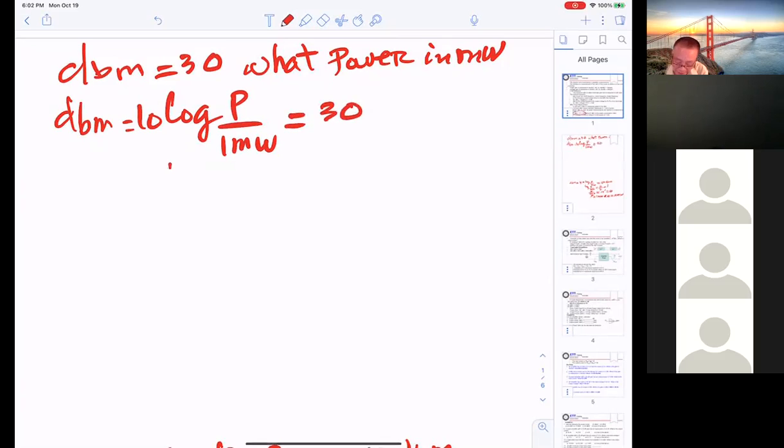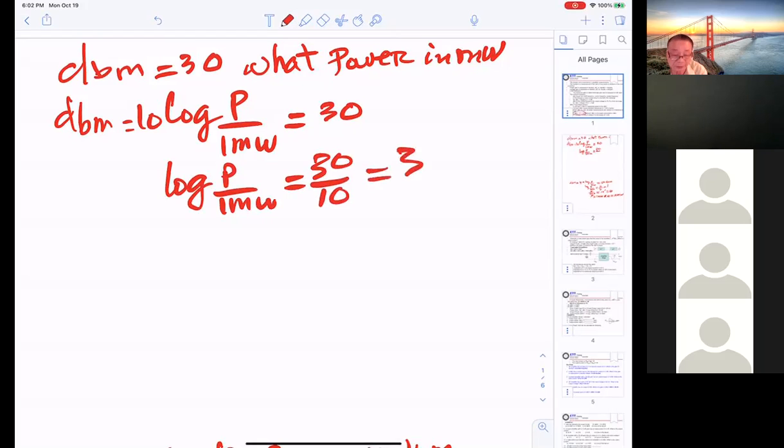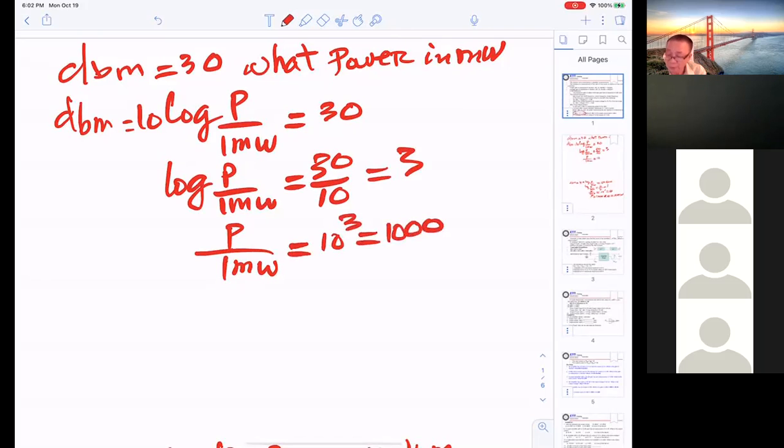So when we have the log only, it equals 30 divided by 10, equal 3. And now you want to remove the log. Then P over 1 milliwatt equals 10 to the power of 3, equal 1,000.